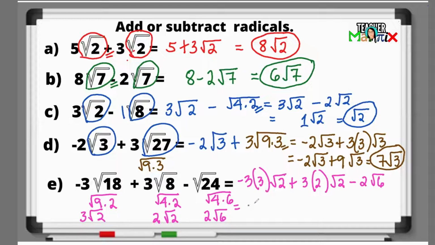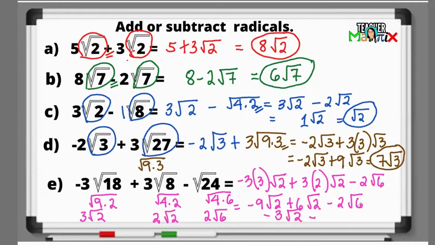Negative 3 times 3, it's negative 9 square root of 2 plus 6 square root of 2 minus 2 square root of 6. So the only radicands that are the same in here are the first and the second. Since they have the same radicands, just simplify. Negative 9 plus 6, which is negative 3 square root of 2.